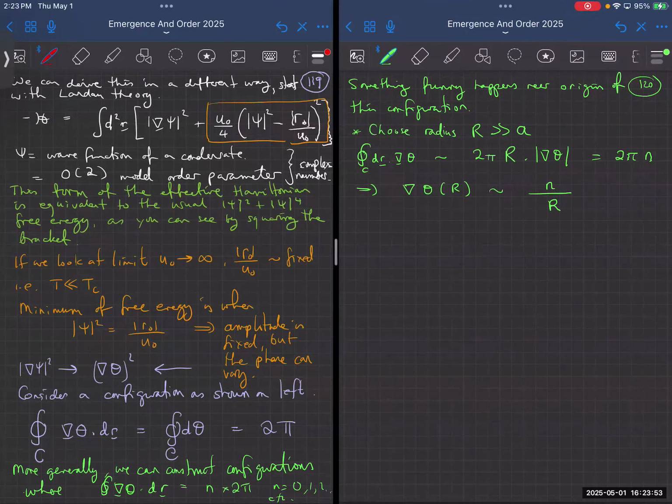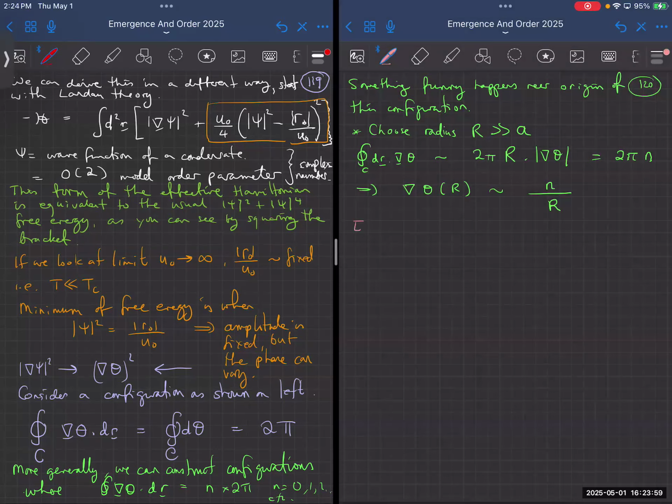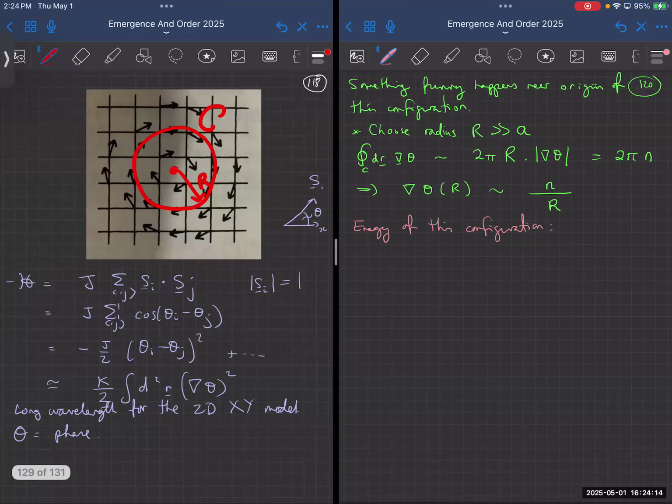So why do we care about that? Well, if I compute the energy of this configuration, we're going to give it a name because it looks like a vortex.